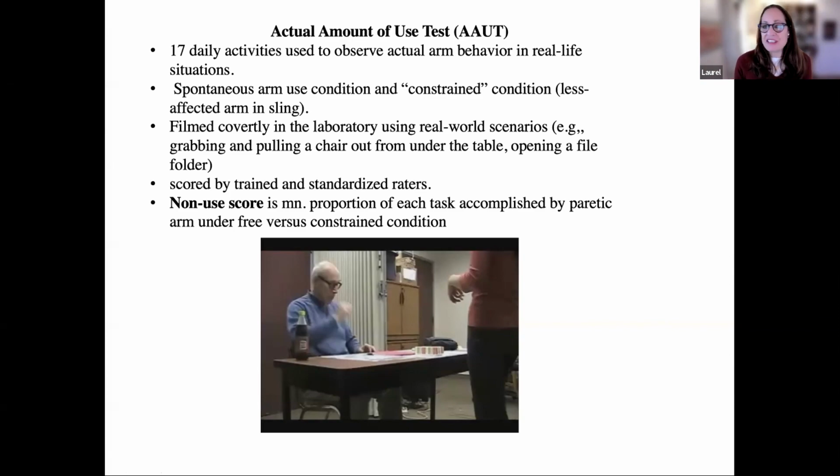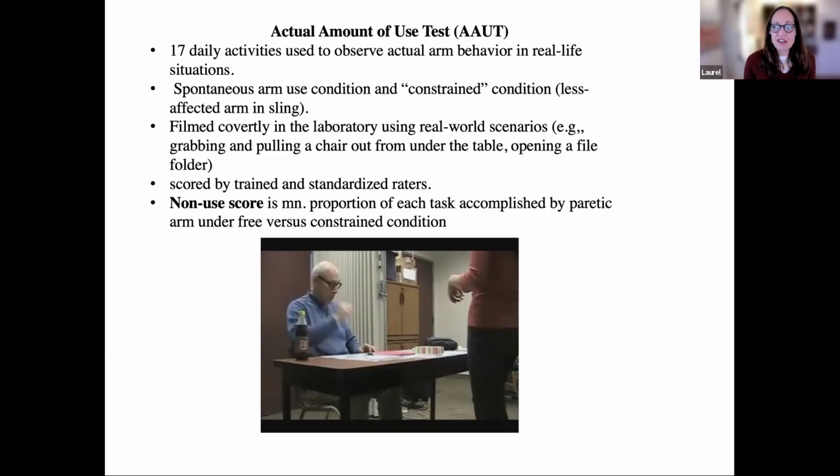They were filmed doing tasks like grabbing and pulling a chair out from under a table and opening a file folder, and scored by trained and standardized raters for what proportion of each task is done by the paretic arm versus the non-paretic arm in the free condition versus the constrained condition.